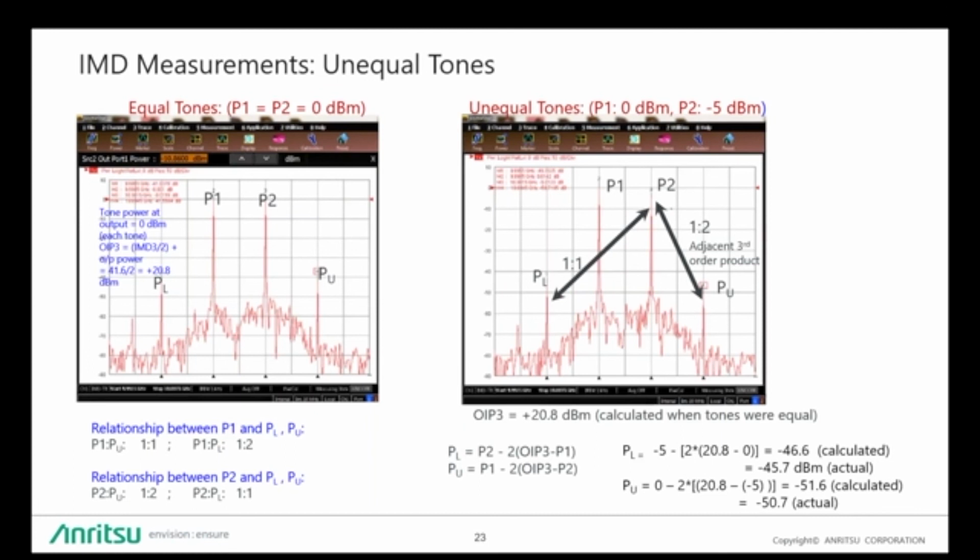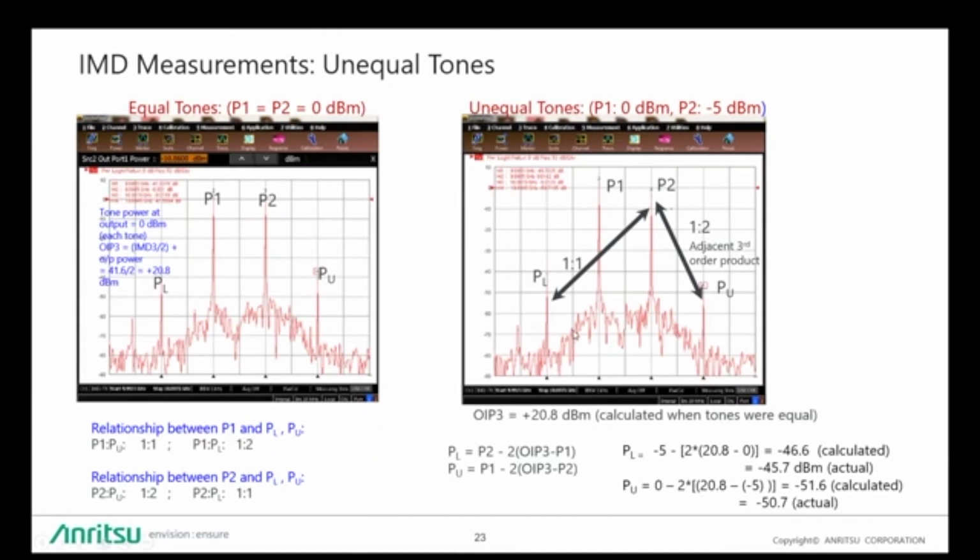If you look at the picture on the right, P2, for instance, is 5 dB less in power compared to P1, and that's what I've used for this example. The relationship between P2, the fundamental tone on the right, and the upper adjacent third order product is 1 to 3, meaning if P2 power varies by 1 dB, the power of the upper third order product is going to vary by 3 dB.